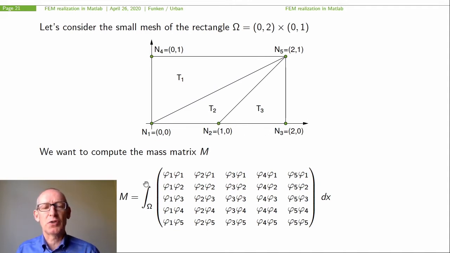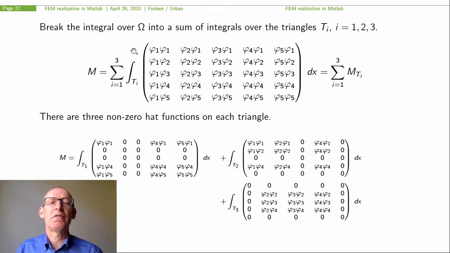And we would like to compute this mass matrix. So instead of taking the integral over the whole domain omega, we split into three integrals over the three separate triangles, and each integral of a triangle gives us a 5 by 5 matrix.